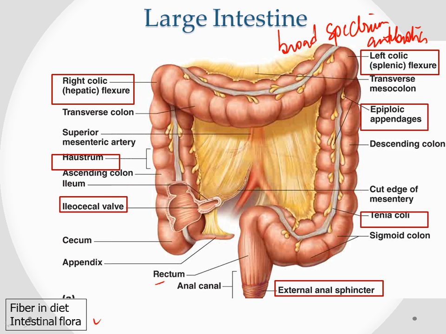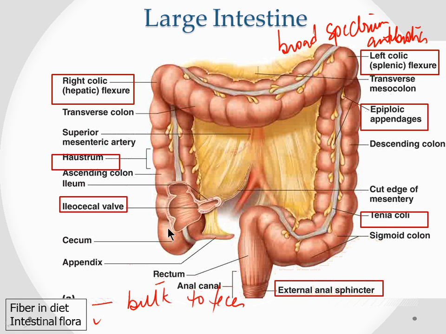The other thing is fiber in the diet. A lot is talked about now about having fiber in the diet, and the reason is that whenever you have fiber in the diet, it adds bulk to your feces. The large intestine, when it contracts, pushes the chyme, the pasty byproduct of digestion coming from the stomach, all the way through to pass it out.